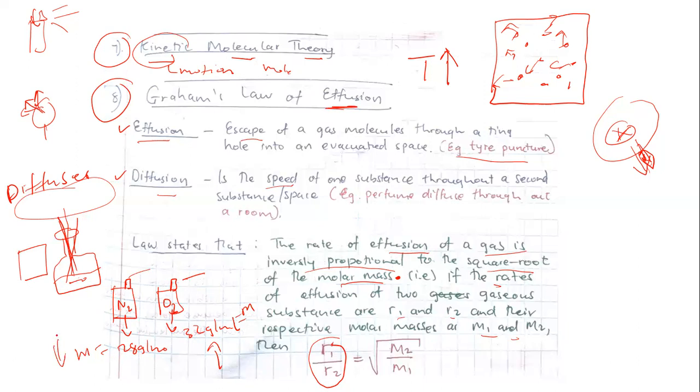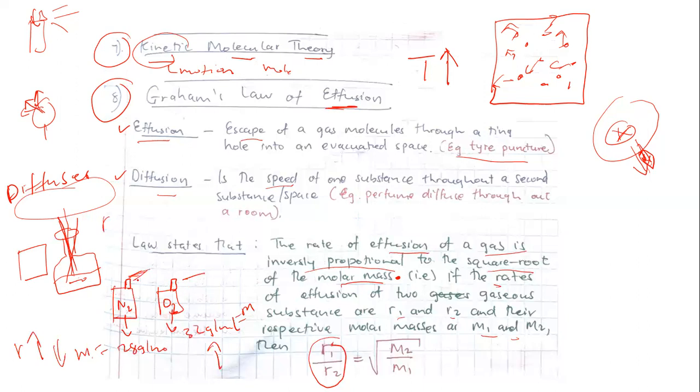Because we have low molar mass, remember, rate of effusion is inversely proportional to molar mass. When you have low molar mass, that means you're going to have a high rate of effusion. So that means in this container, nitrogen's rate will be higher than the rate of this one.